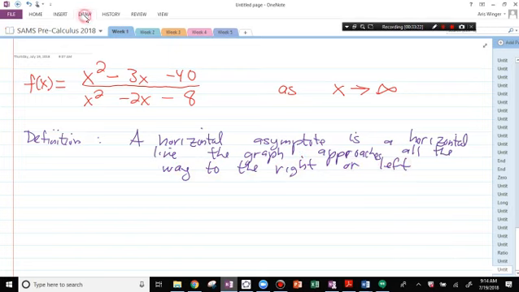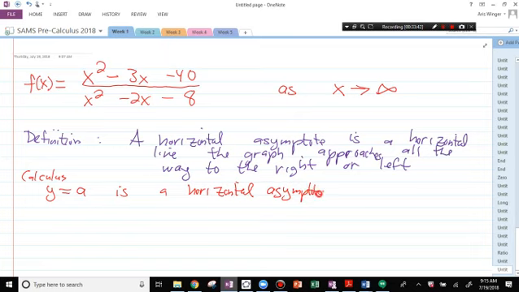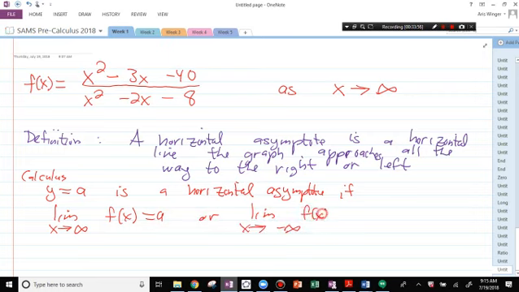And the calculus way of saying it is that the limit, y equals a, this is the calculus definition. Y equals a is a horizontal asymptote if the limit as x tends to infinity of f of x is a, or the limit as x tends to minus infinity of f of x is a.